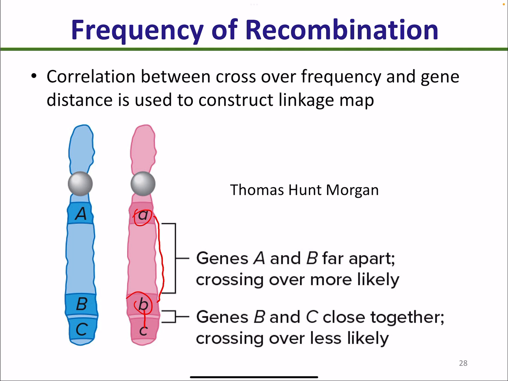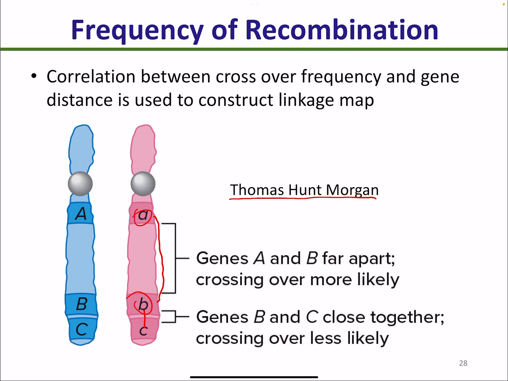That work was done by Thomas Hunt Morgan. Thomas Hunt Morgan was able to come up with a correlation between the frequency of recombination and the distance of genes on the same chromosomes when linked, right?